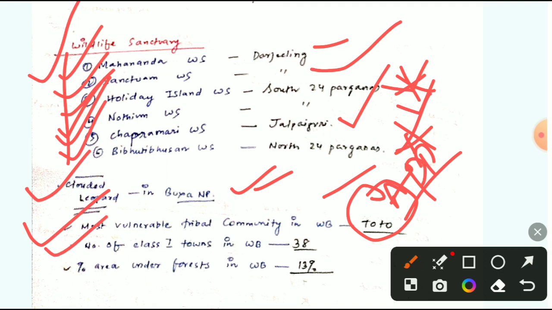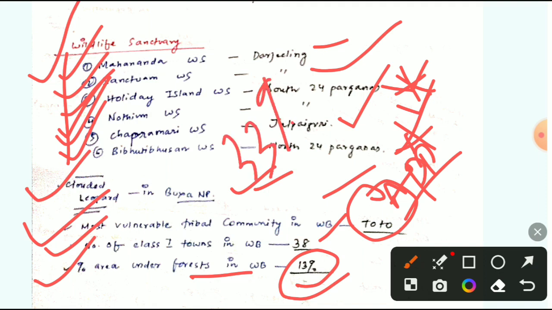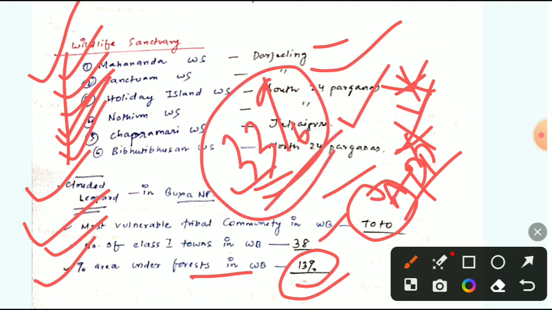Next, the number of class 1 towns in West Bengal is 38. And the percentage area under forest is 13%. 13% area is covered under forest, and to have a balanced forest, we need 33%.